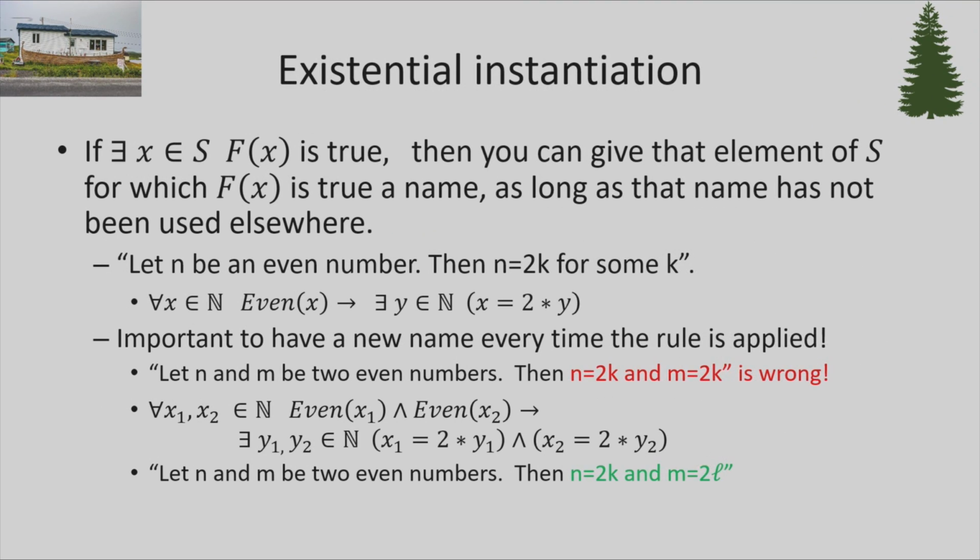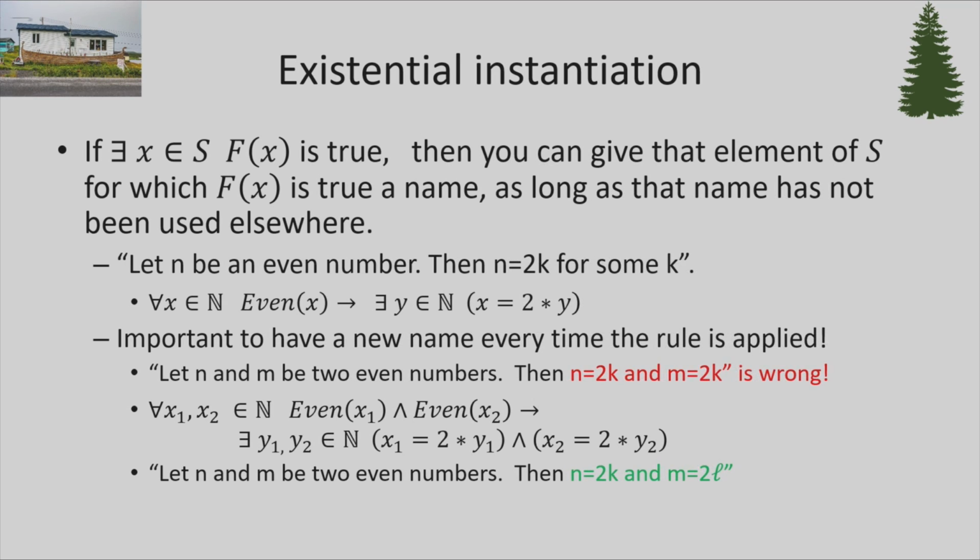So the other side of existential generalization is existential instantiation. That's when we have a formula with a quantifier and we get rid of this quantifier. A lot of times you don't know beforehand what exactly is that value of x, which is a witness for the quantifier.